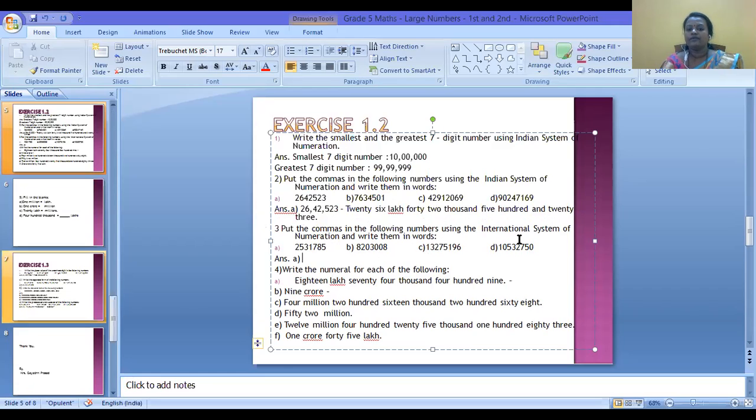Let us move ahead to the international system. 2531785.